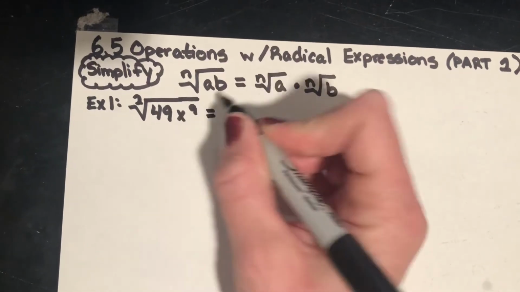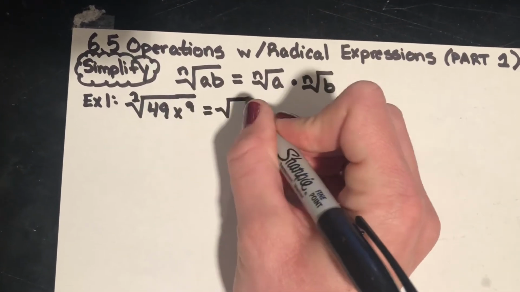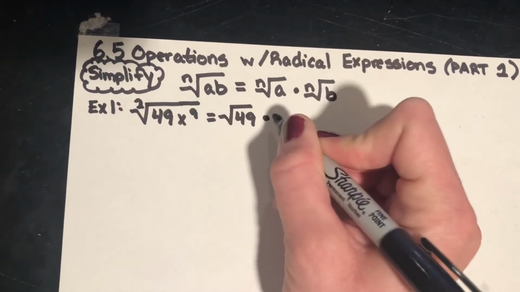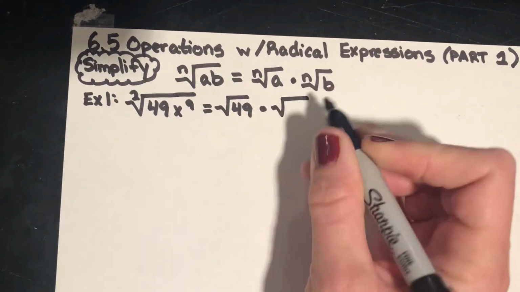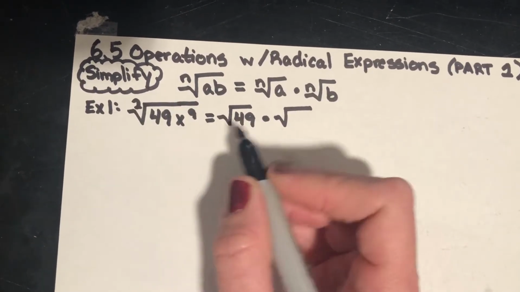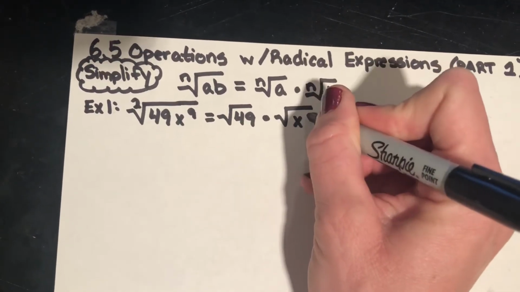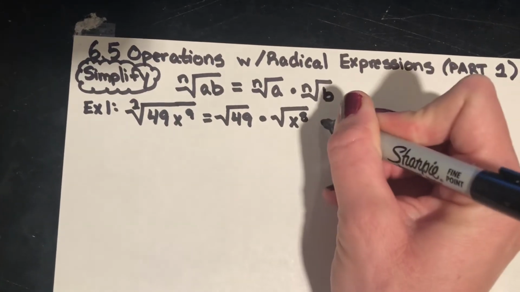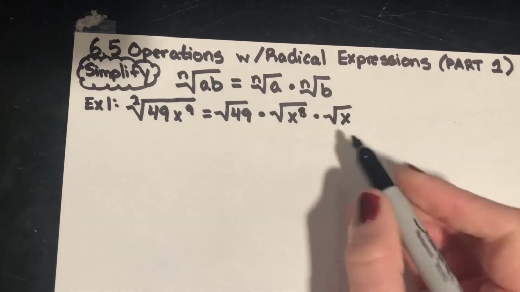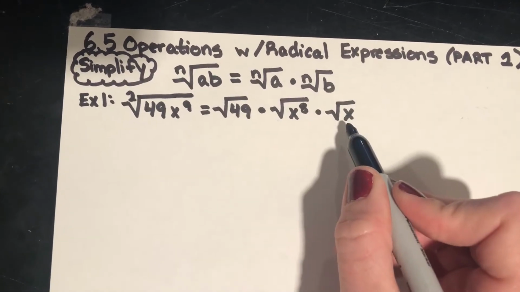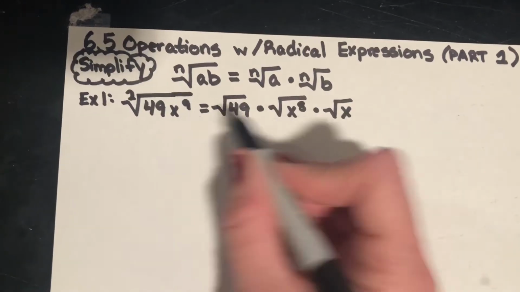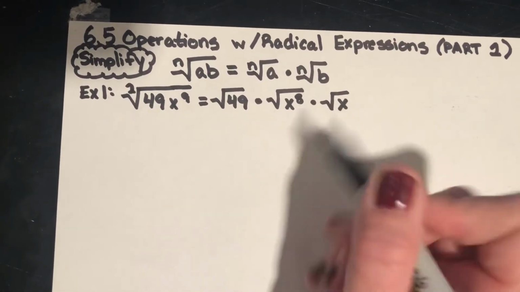So I'm going to break this problem up into root 49 multiplied by the root of, now 9 does not divide evenly by 2. However, 8 does. So I'm going to say x to the 8th and multiplied by root x, because that is what is left over from x to the 9th. 8 plus 1 is 9, and that's how we get to separate those two.